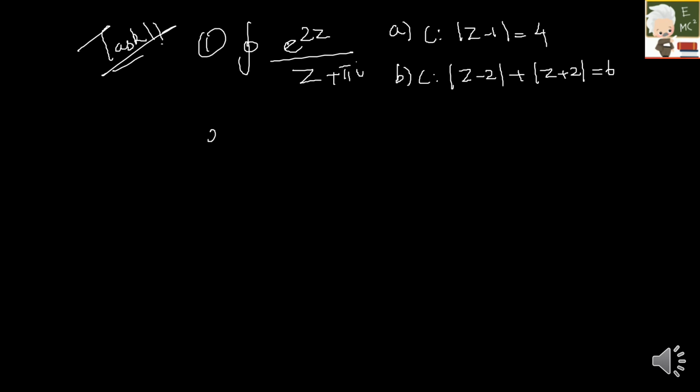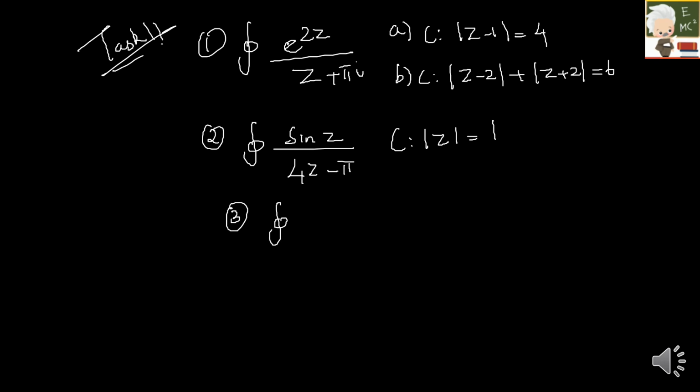Second question is the closed integral of sin z divided by 4z minus pi, the contour is within the region |z| = 1. And then the third question is the closed integral of 2z cube plus 8z plus 5 divided by z minus 2, and the contour is within the region |z| = 3.